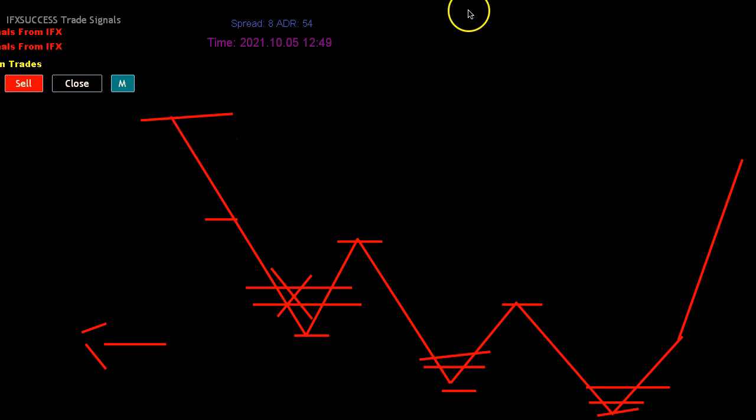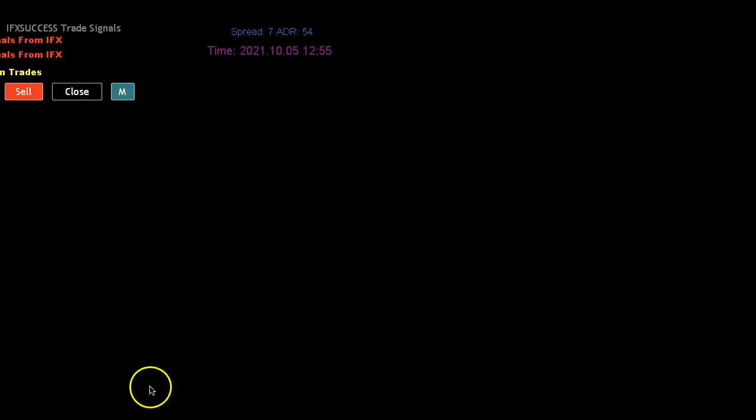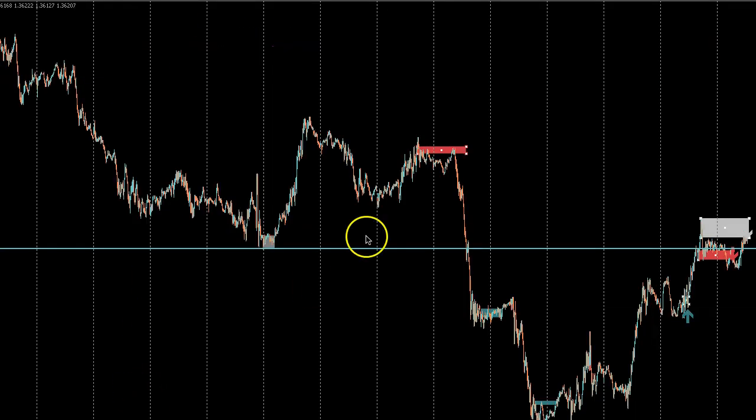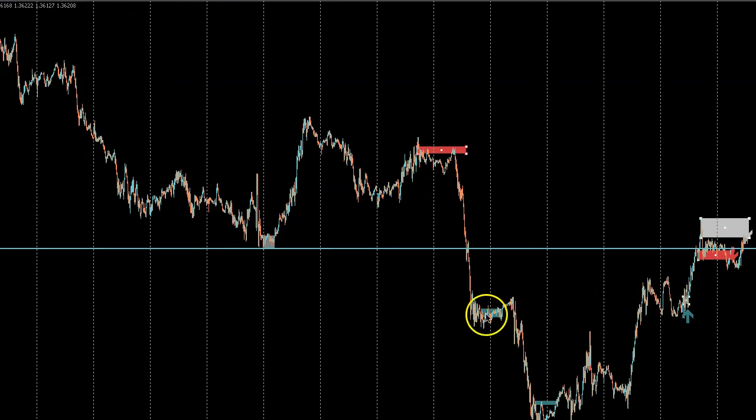I can show you examples where the market actually reaches. So if I go back to an example right over here, let me just go lower here and then show you. We can tell we had one peak trying to form a peak formation.